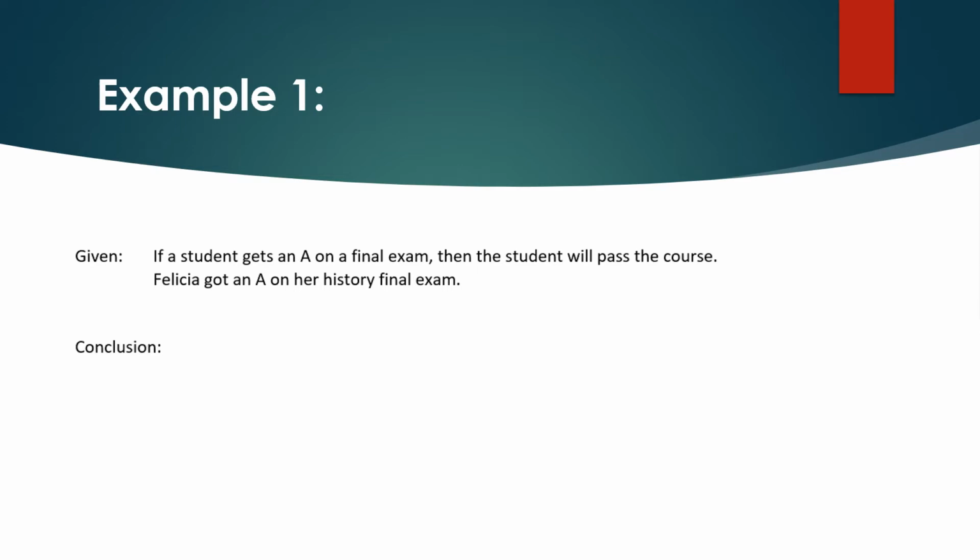So given that, if a student gets an A on a final exam, then the student will pass the course. Considering this is given, we are going to assume that this is a true statement. The other thing they tell us is that Felicia gets an A on her history final exam. So we're assuming that this is also a true statement because it was given to us. And they're asking, what is the conclusion here?